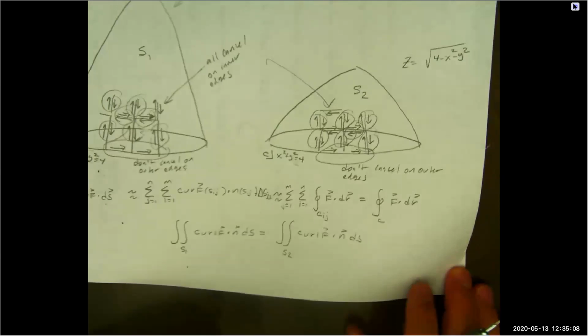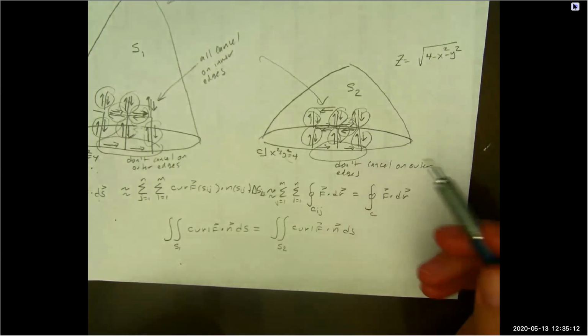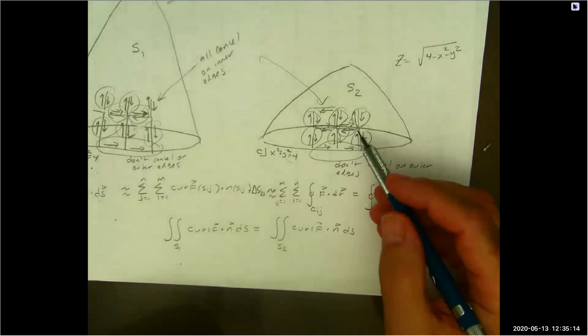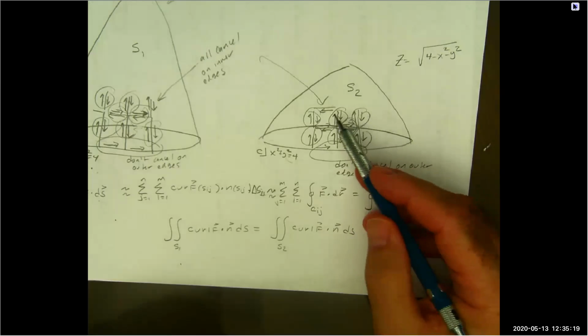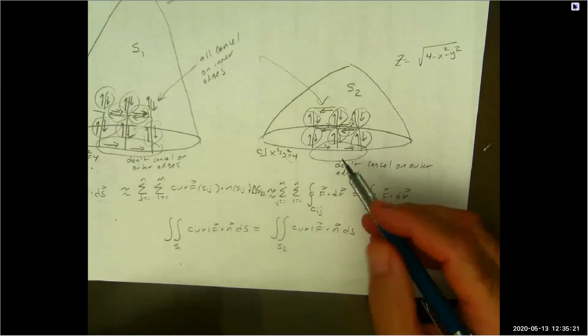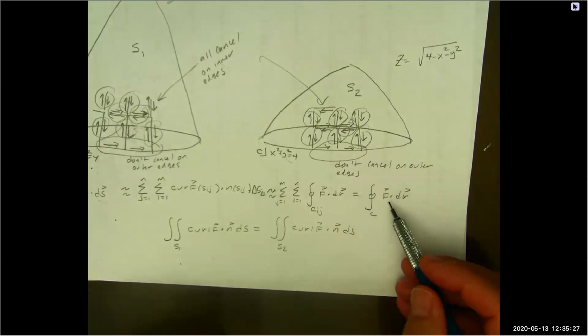Now, let's say we had this other surface with the same boundary curve. Well, it's going to work exactly the same way. On these inner edges, they're all going to cancel. So all these opposite orientation inner edges are going to cancel when we're calculating this guy. And what we're going to be left with is just the line integral along the boundary.